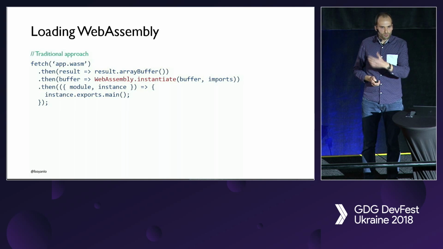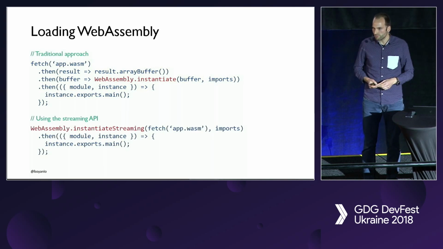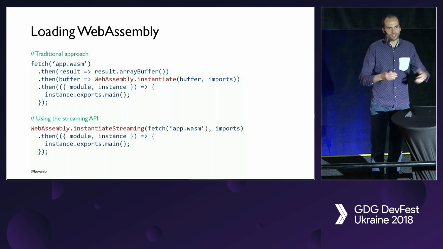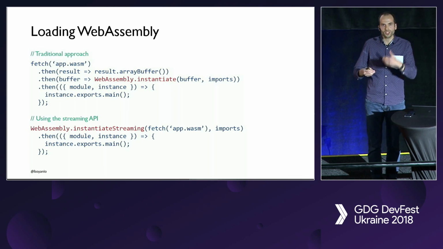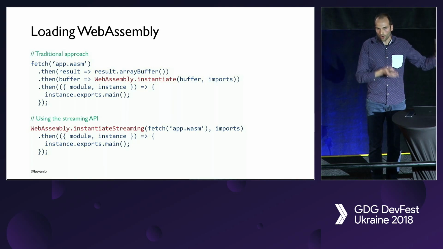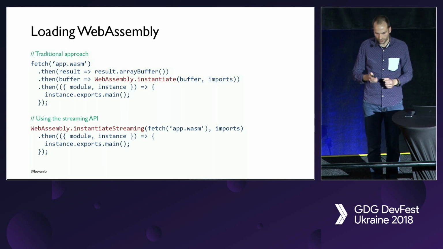This is the traditional approach. If you want to use the streaming API, it becomes even easier, because you just call WebAssembly.instantiateStreaming, where you provide the promise of your WebAssembly, and then it will do the rest for you. So remember that you don't have to wait until the whole module is downloaded to start compiling it. You can start further.